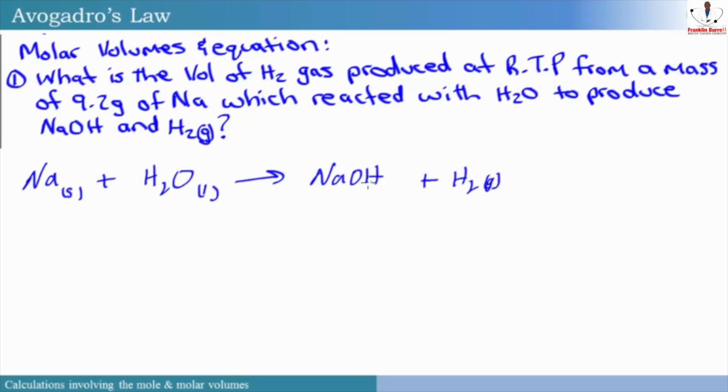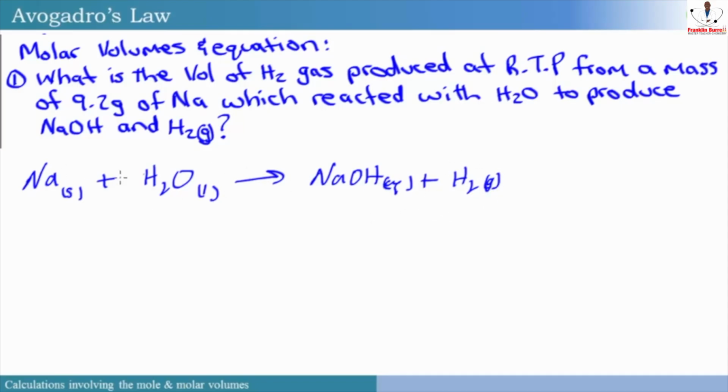That is your gas, that is aqueous, that's liquid, that's solid. What are we concerned about? We are concerned about the volume of H2 produced from the mass of sodium here. So the first thing we must do is to write our equation and balance it. If we don't balance the equation, it's going to be very difficult to find the moles of H2.